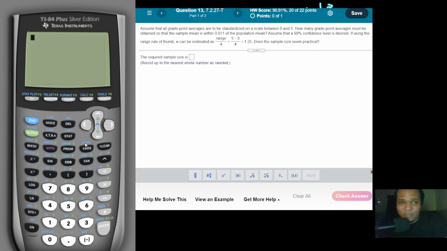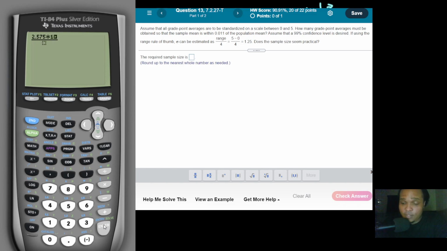All right. They gave us the range rule of thumb this time. That's nice. 99%, so 2.575 times standard deviation. They used the range rule of thumb again.